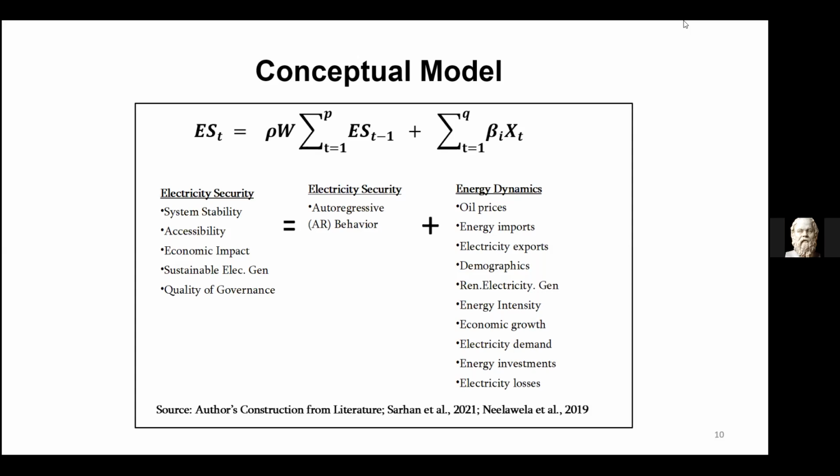Because if you look at the components, like now, he has quality of governance, sustainable electricity generation, economic impact, and so forth, assuming those are the ones he is going to use. But I also know that literature is awash with ideas that seem to deviate from his thinking, which I think he may not have looked at.